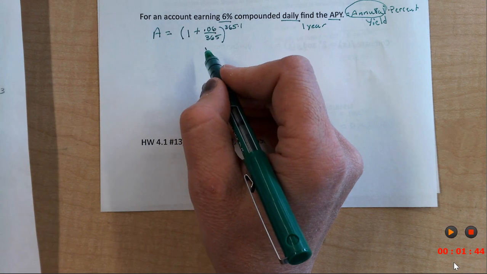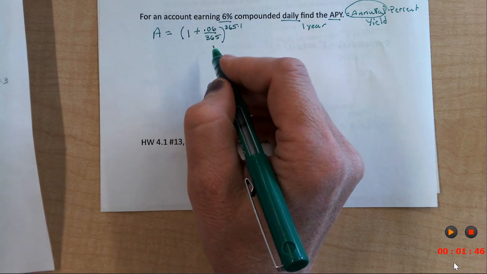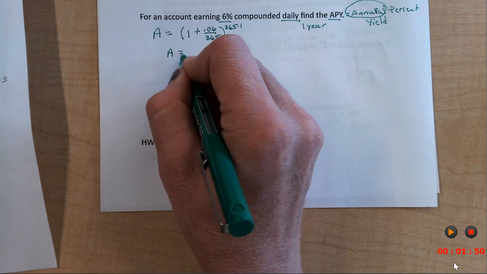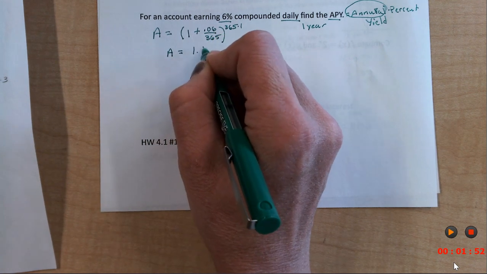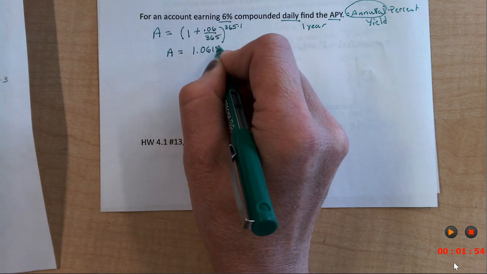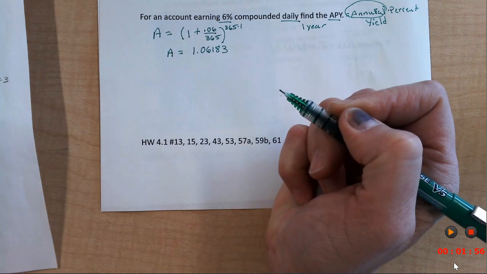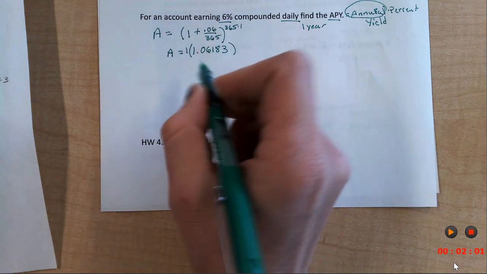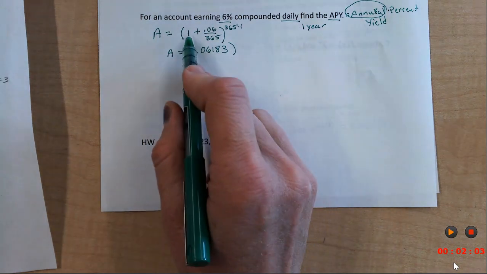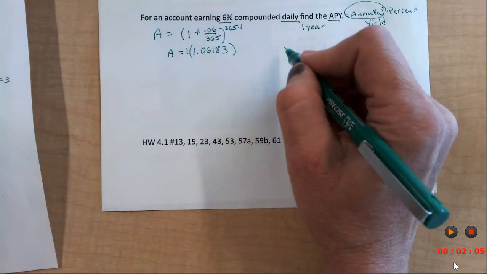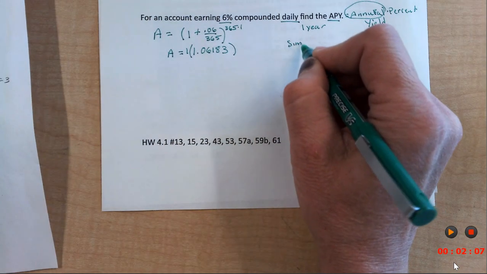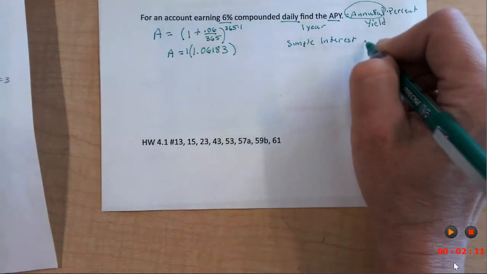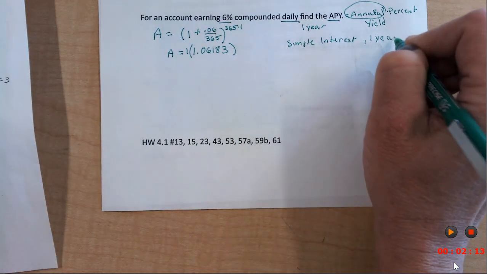If I simplify this, just type this into your calculator, it turns out that we end up with 1.06183. So that's the 1 investment times the 1 plus the rate. How does that compare to simple interest for 1 year?